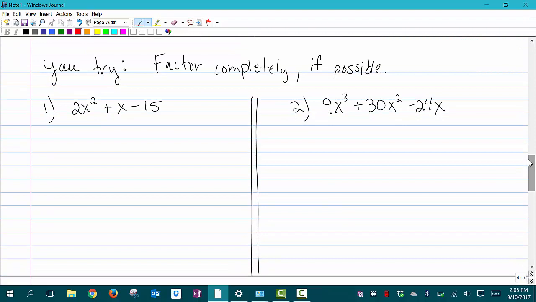Now it's time for you to try. Factor the following polynomials completely if possible. Pause the video, try the problems, and then see if you get the correct answers that I get.